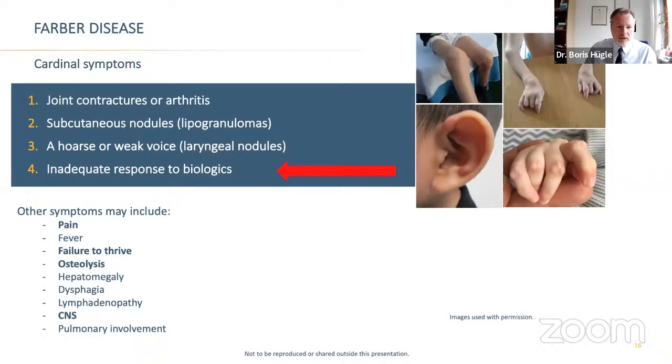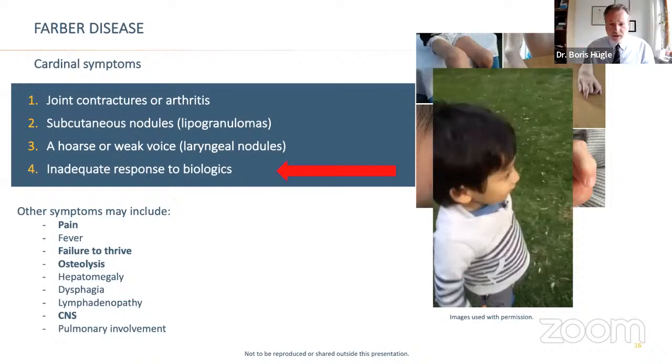I mean, the patients will not react to steroids as well. There may be other symptoms, including pain and fever and failure to thrive. Osteolysis is something that occurs later. There's one interesting case that I'll show you later on. And of course, you have patients who have that in infancy, but you do have to distinguish the CNS disease and the pulmonary involvement. That is usually the more severe cases that get that early on.